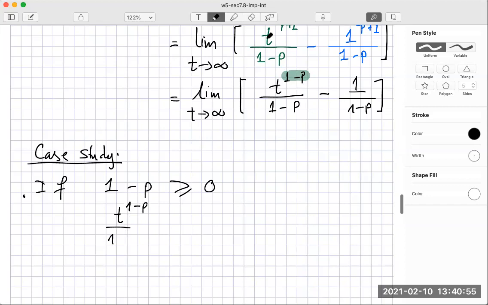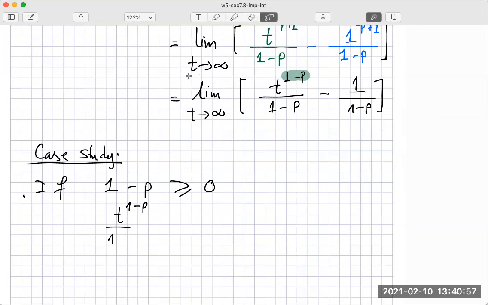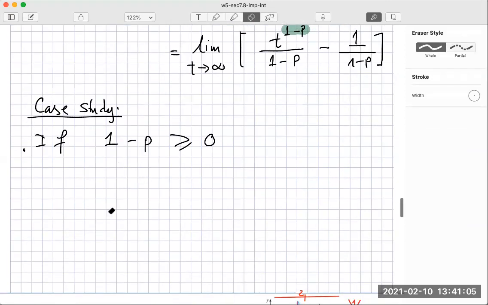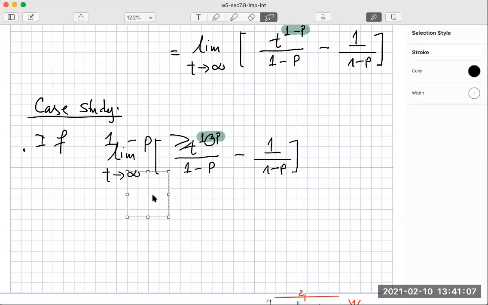So let us write the whole limit here, right? Oops, sorry.